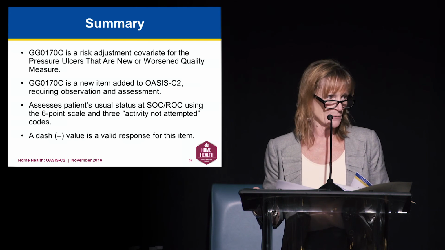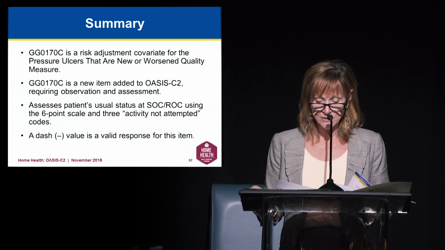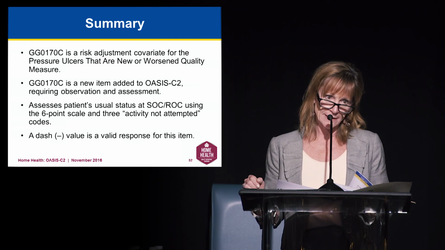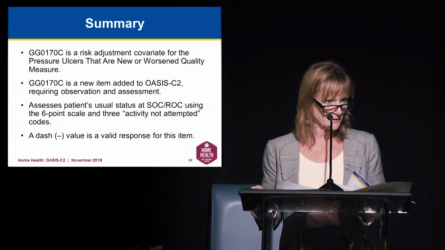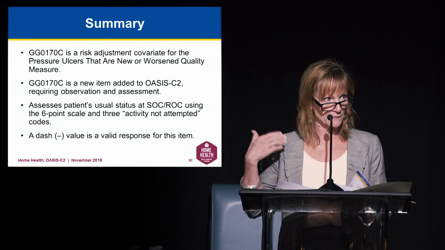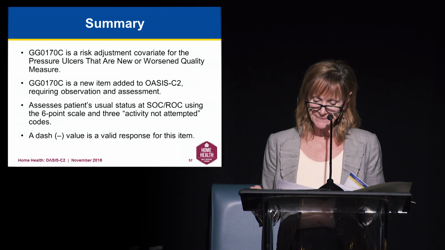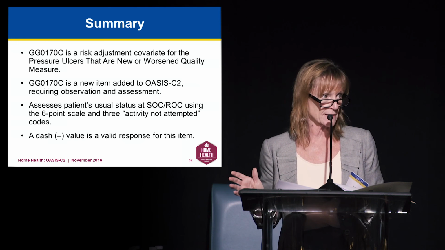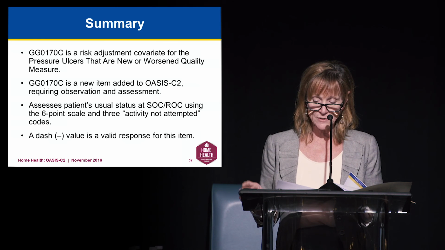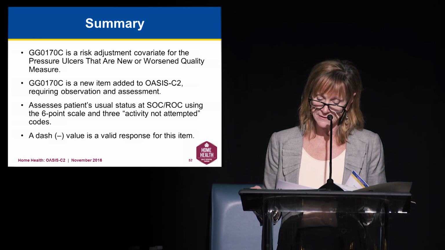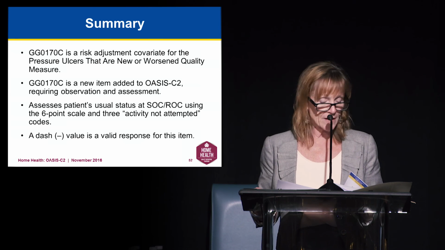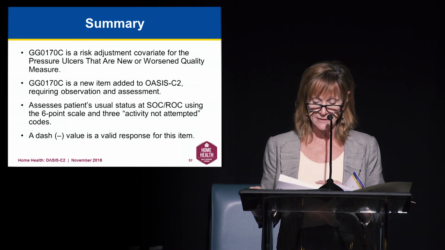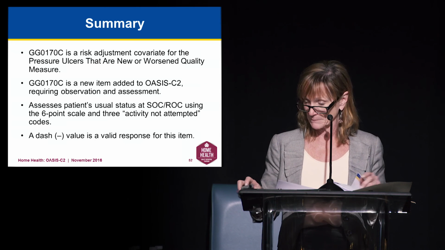It's added to the OASIS-C2, and it does require observation and assessment, and is one of those items that will be measured across all settings as described and required by the IMPACT Act. It also assesses the patient's usual assessment using that 6-point scale and also those 3 activity not attempted codes. And the dash value, which is a rare occurrence to use, it still is a valid response for this item.